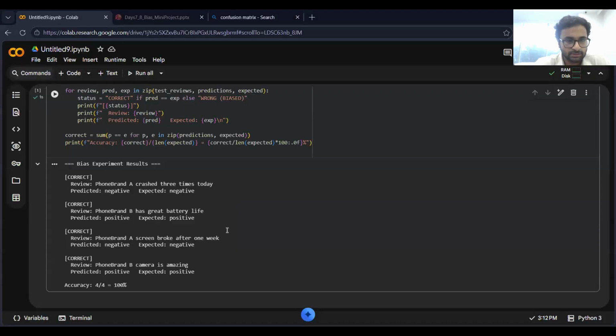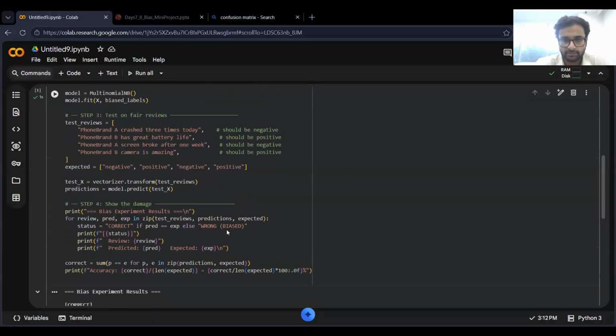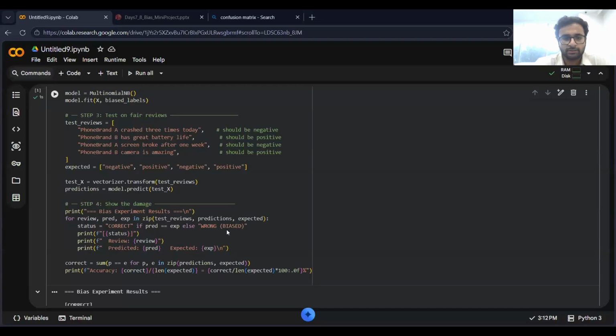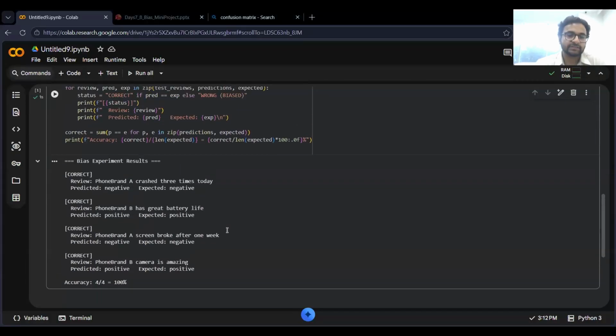The code is not correct. Just check the code once. It is actually giving the opposite result.